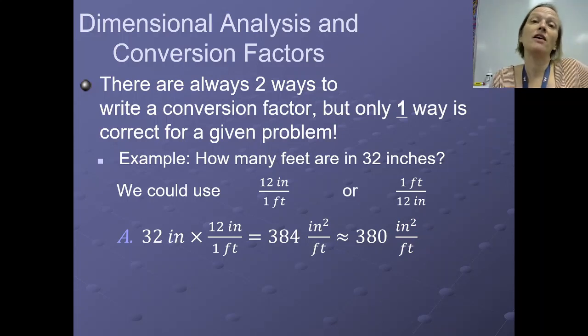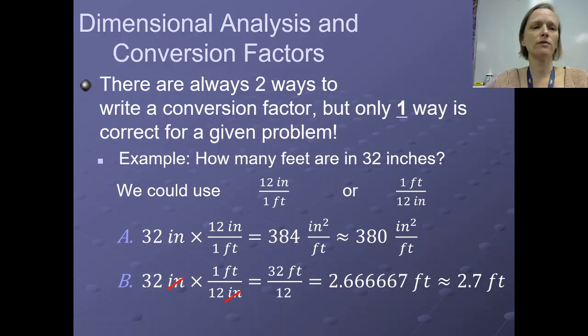Let's see what happens when we try the other conversion factor. I have 32 inches times 1 foot divided by 12 inches. Notice that my inches cancel out. I have inches up top in the numerator and inches down below in the denominator. And because of that, they cancel out. I'm dividing it away, so my inches actually disappear, and the only units I have left are these feet. So when I do the multiplication, 32 times 1 divided by 12, I have 32 divided by 12, which is 2.666667, however many decimal places your calculator goes to.